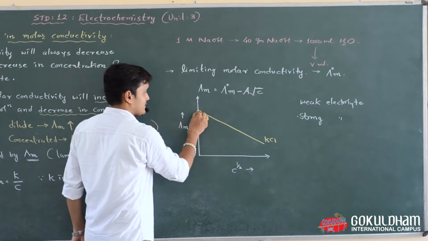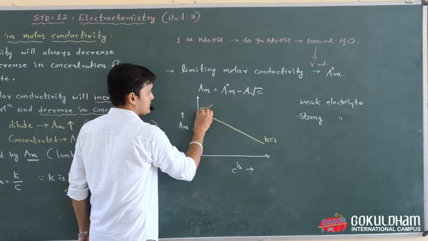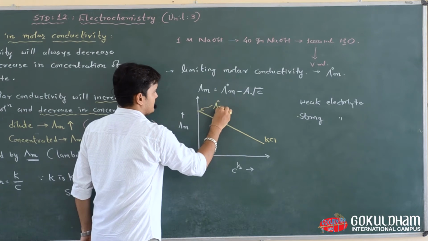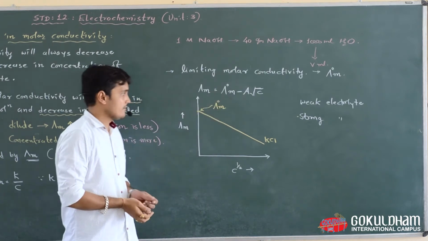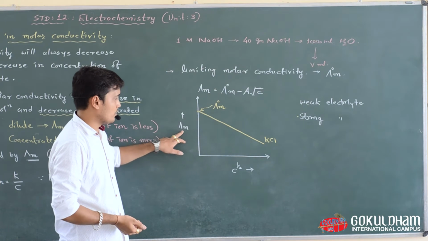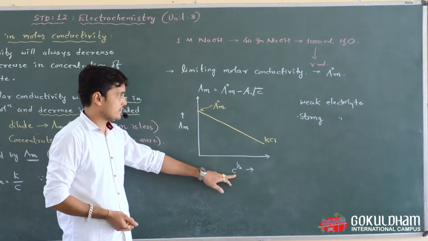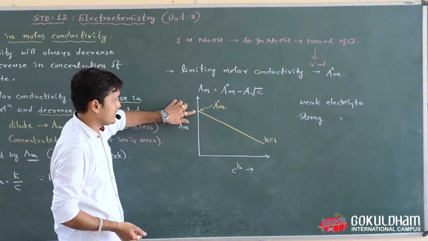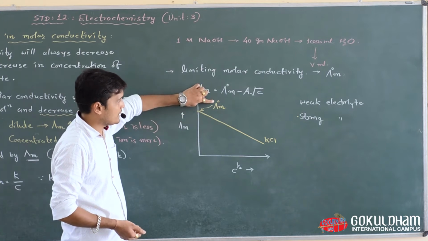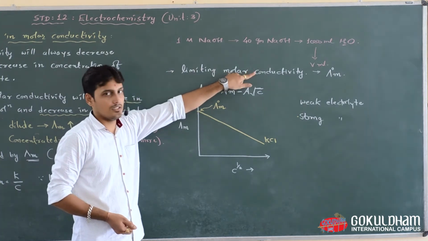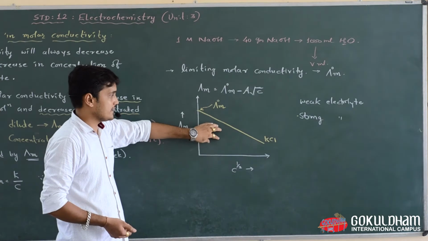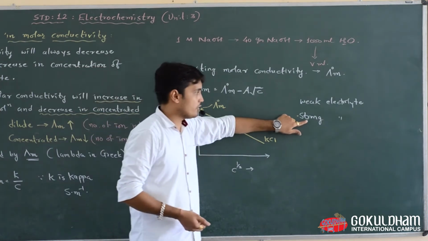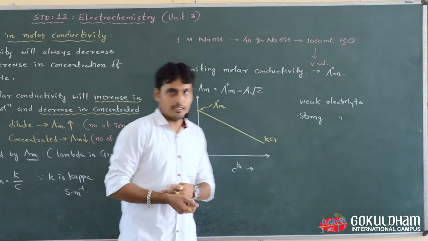You get the intercept value, and this intercept value is known as lambda 0 m. That means when you plot the graph of molar conductivity with concentration, and you get the intercept, that intercept value is known as limiting molar conductivity. This case is only applicable for the strong electrolyte.